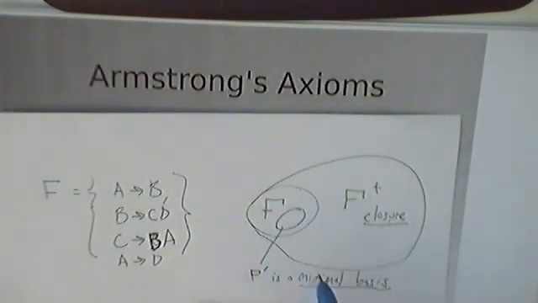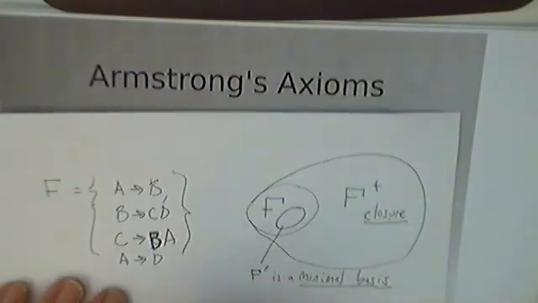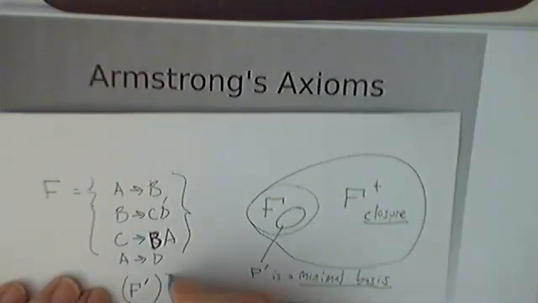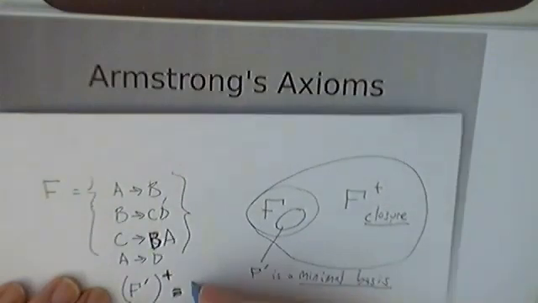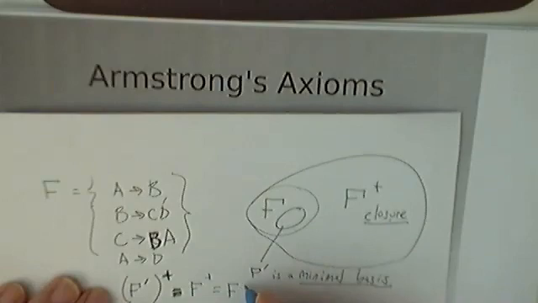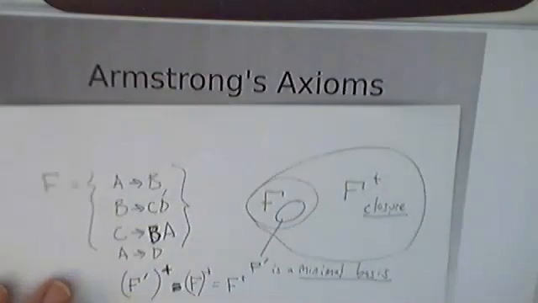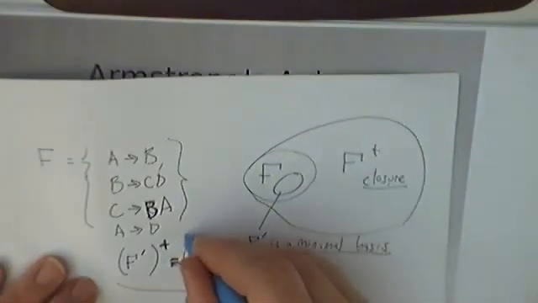The definition of a minimal basis is this: if we take the set F prime and then close it, that equals F closed, which of course equals this F closure. Let me circle that so we see it all together.